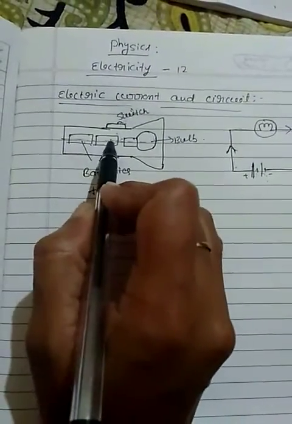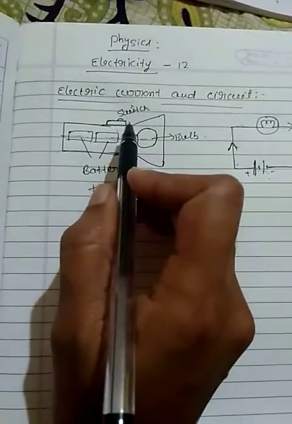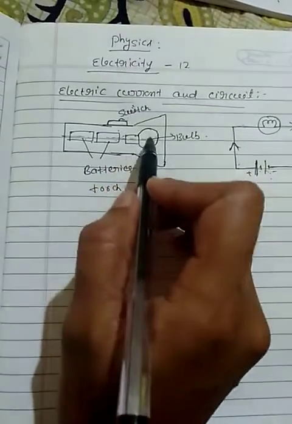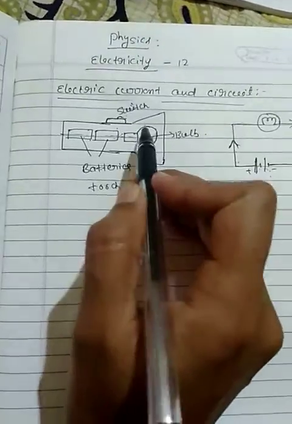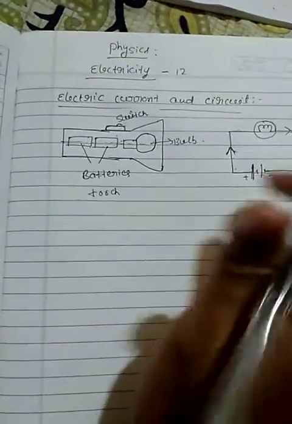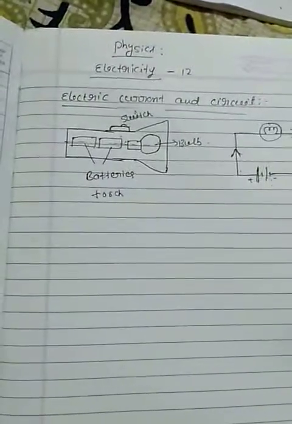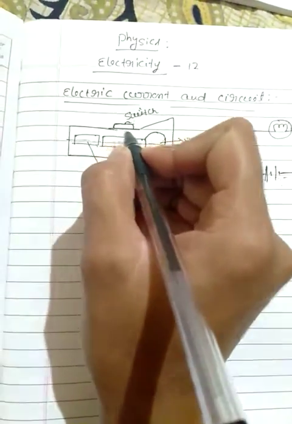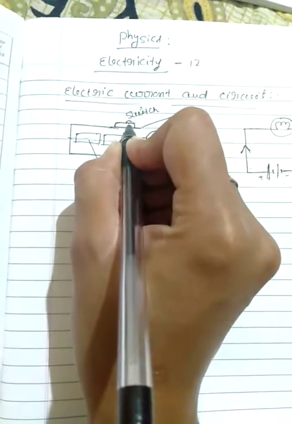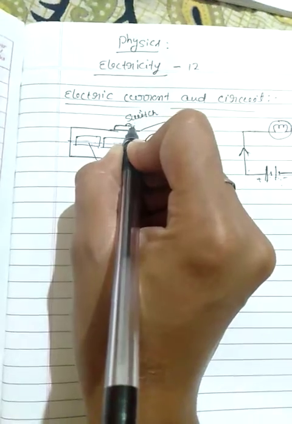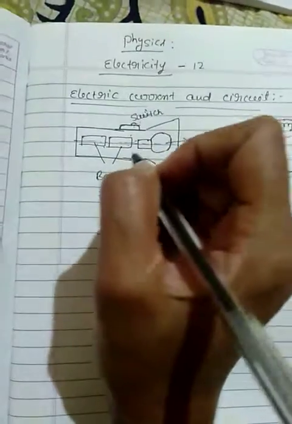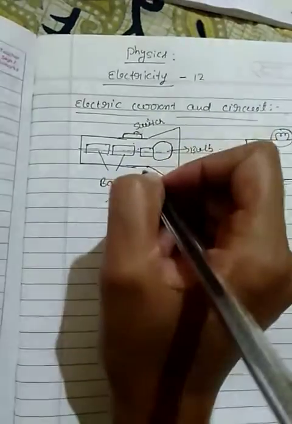These two cells provide electric charges, or electric current, to the bulb. Yes or no? Yes. So what does a switch do here? A switch makes a conducting link between the cell and the bulb.